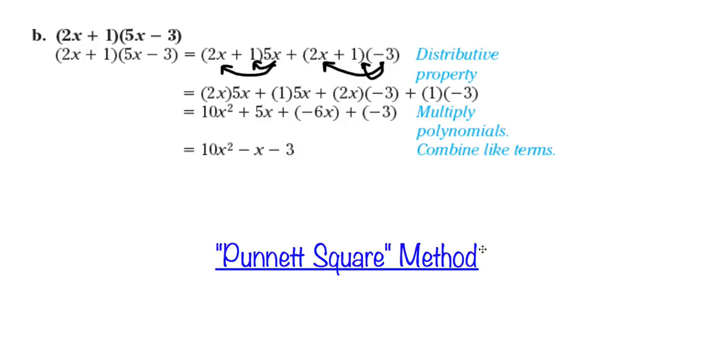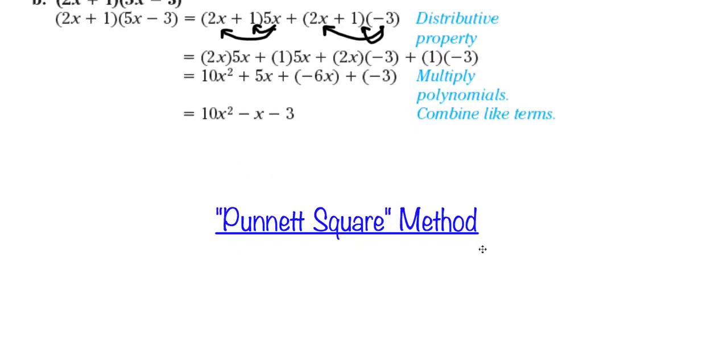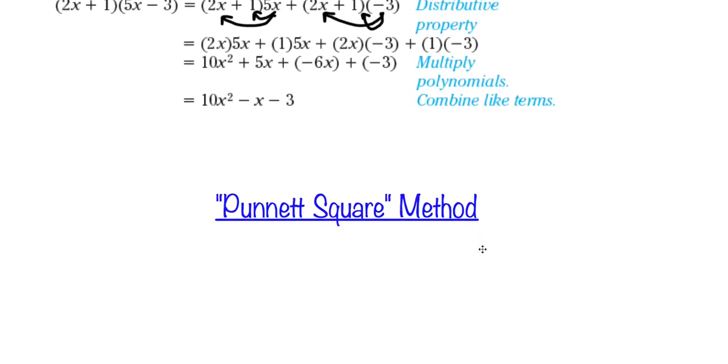Let's go back to our Punnett square method and see how this works. Using the Punnett square, we have 2x plus 1 and 5x minus 3. First let's create our Punnett square.